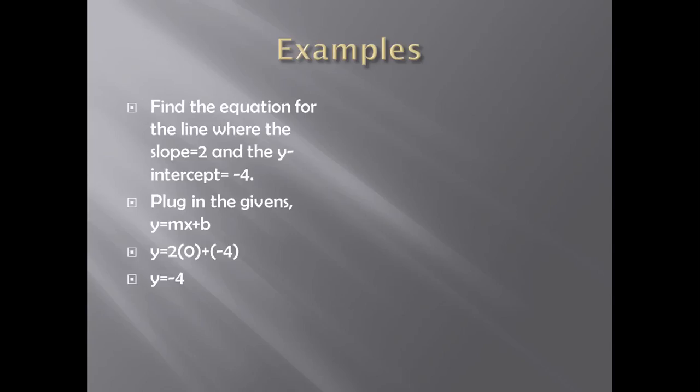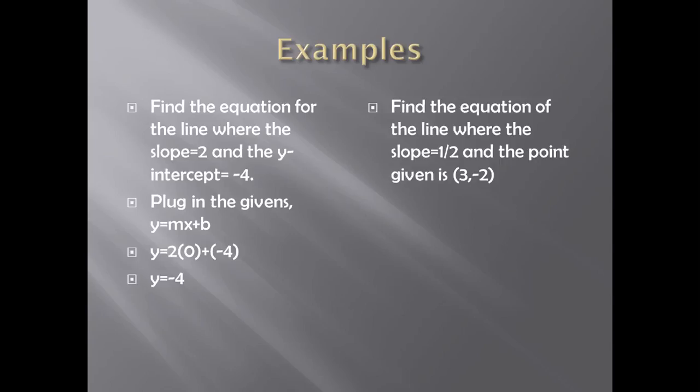Now another problem we have is find the equation of the line where the slope is 1/2 and the point given is (3, negative 2). With that point, we have the first number, 3, which is the input, and negative 2 is the output. So 3 is your x and negative 2 is your y.